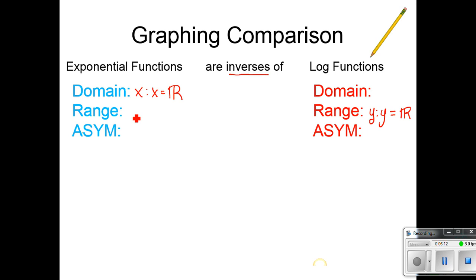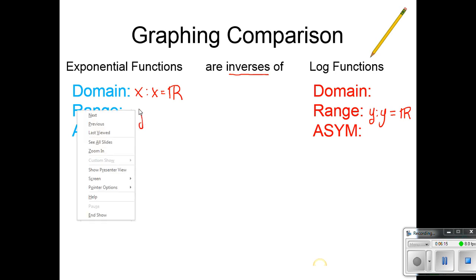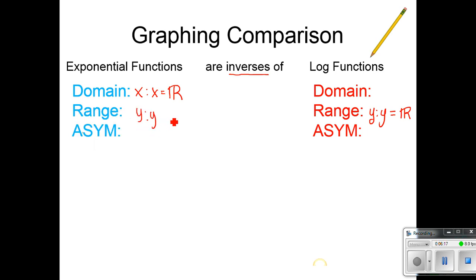And we usually knew that the range was y such that y is either greater than or less than the asymptote. Now the domain is x such that x is either greater than or less than the asymptote. And the asymptote on an exponential is y equals, and now the asymptote on the log is x equals.